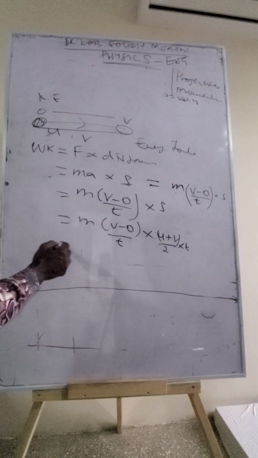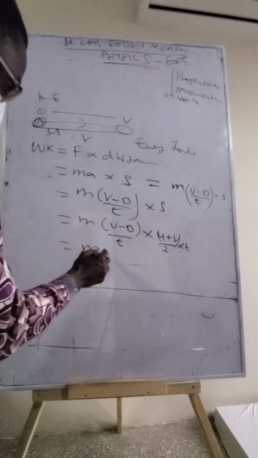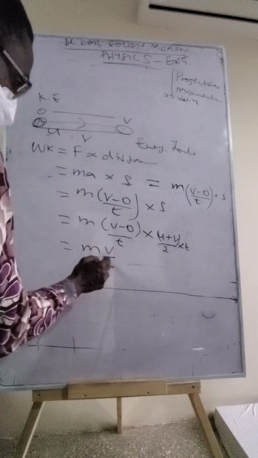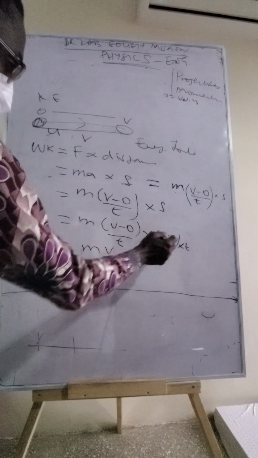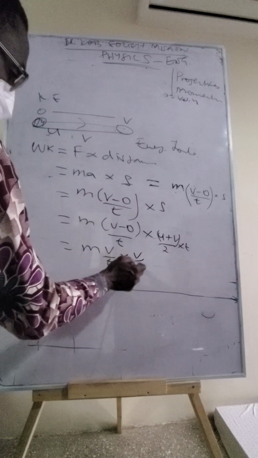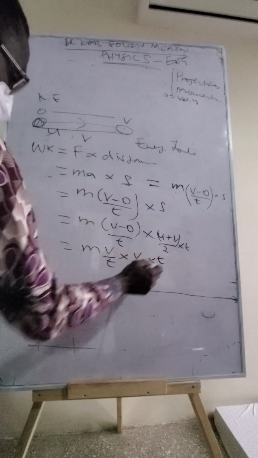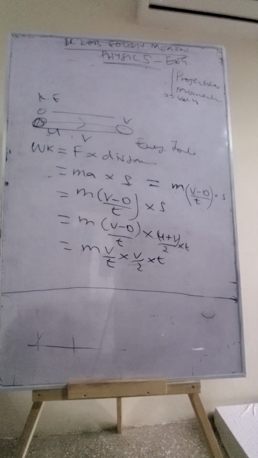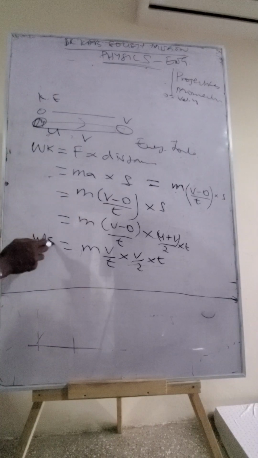Now let's simplify. We're going to get m v over t times, this u is 0, so it's going to be v over 2 times t. Okay, that's the work done.